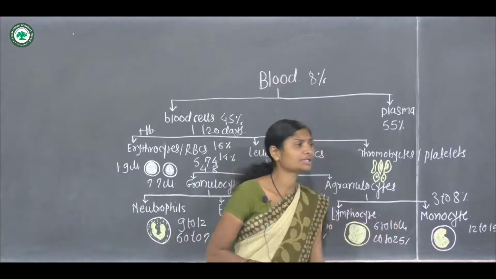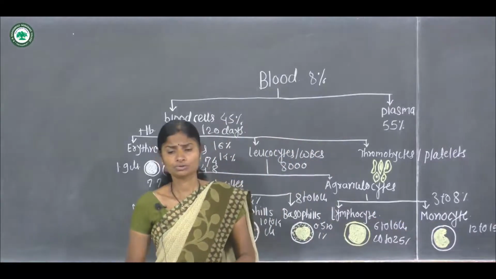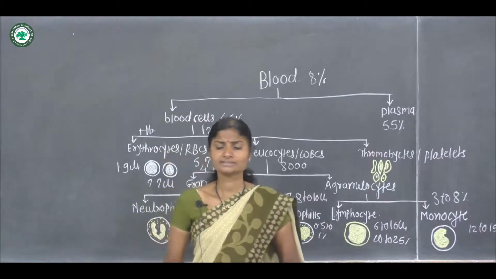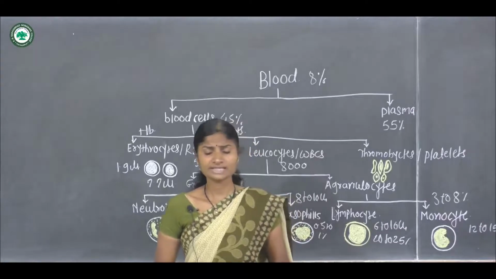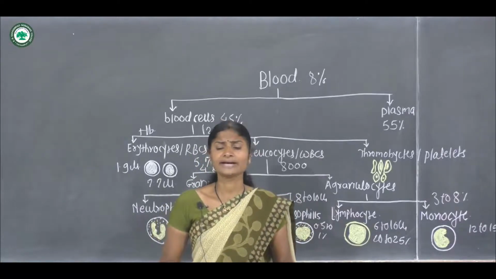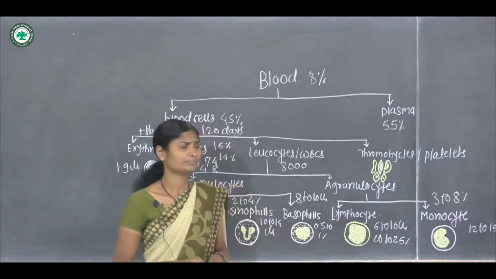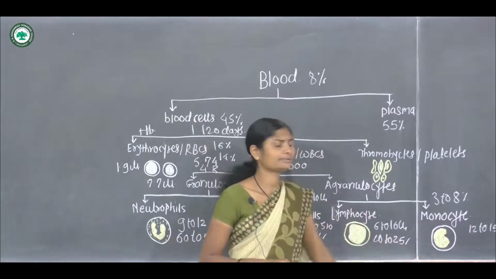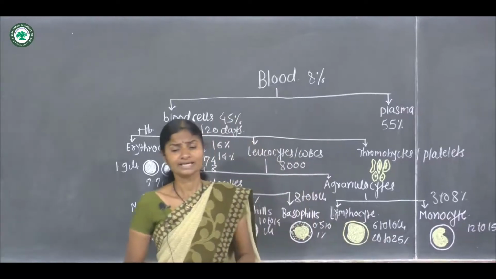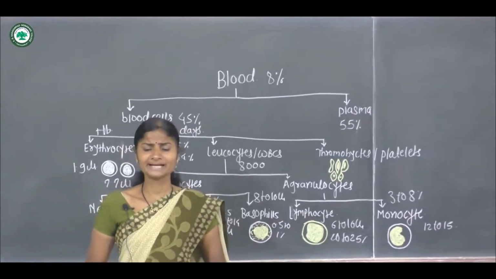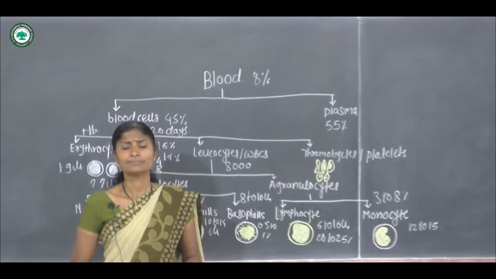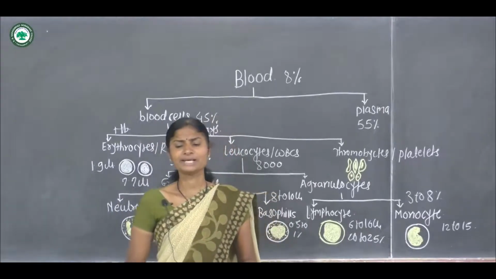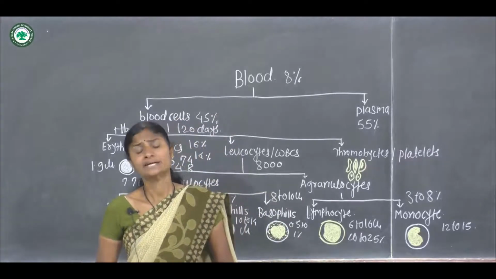The nucleus is shifted towards the peripheral region, and monocytes migrate readily through the blood capillary walls into the connective tissue, where they display their phagocytic character.